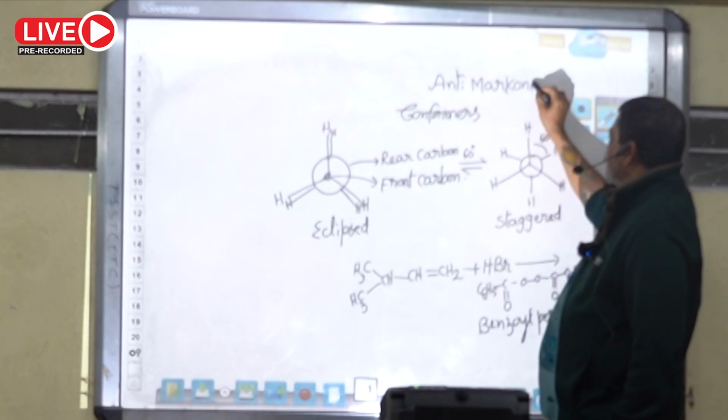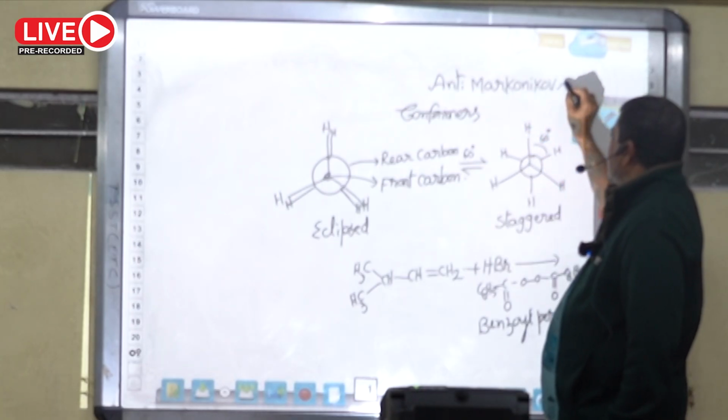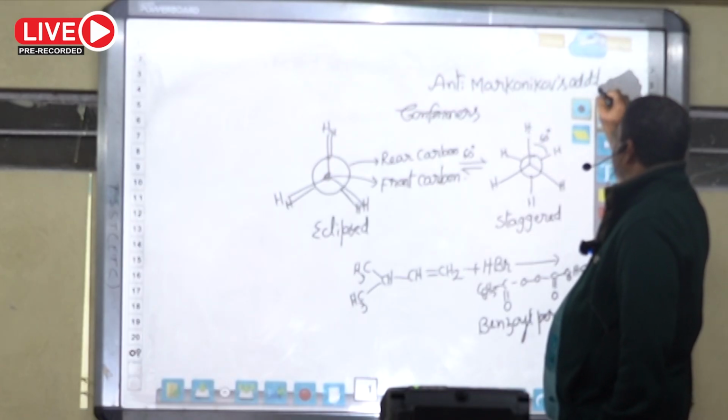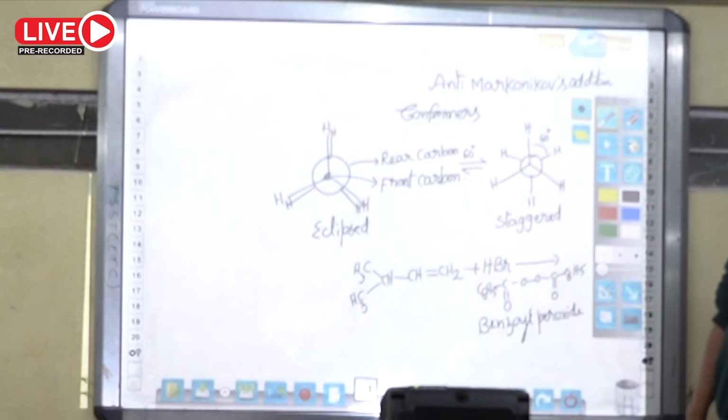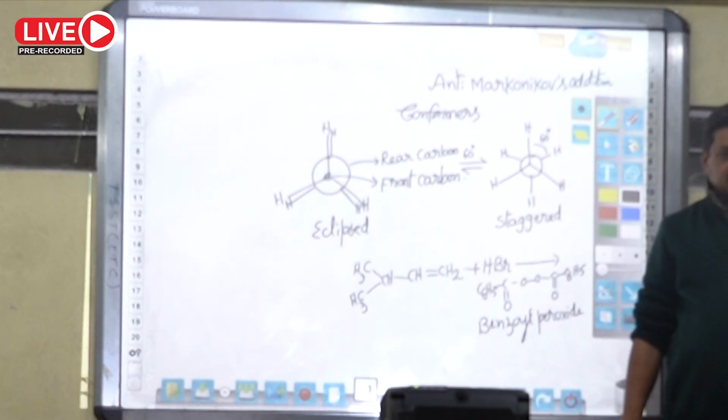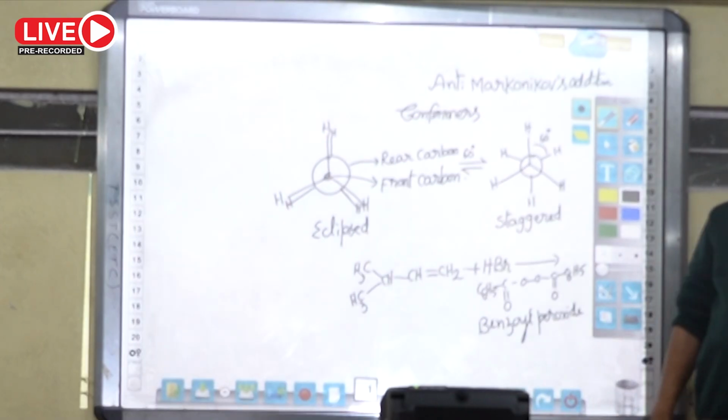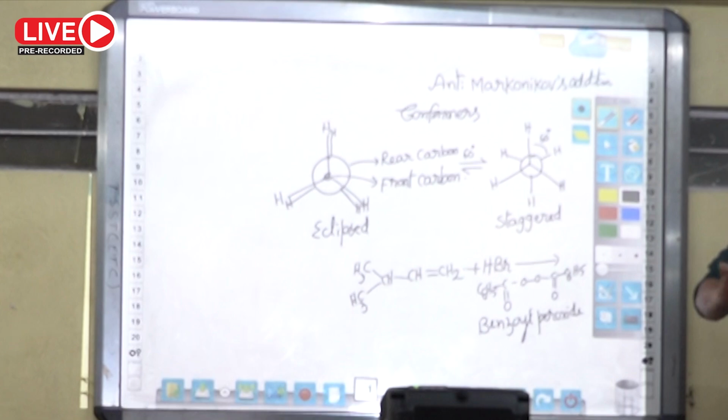This anti-Markovnikov's addition involves free radical mechanism. So you have to write the next point, it involves free radical mechanism.